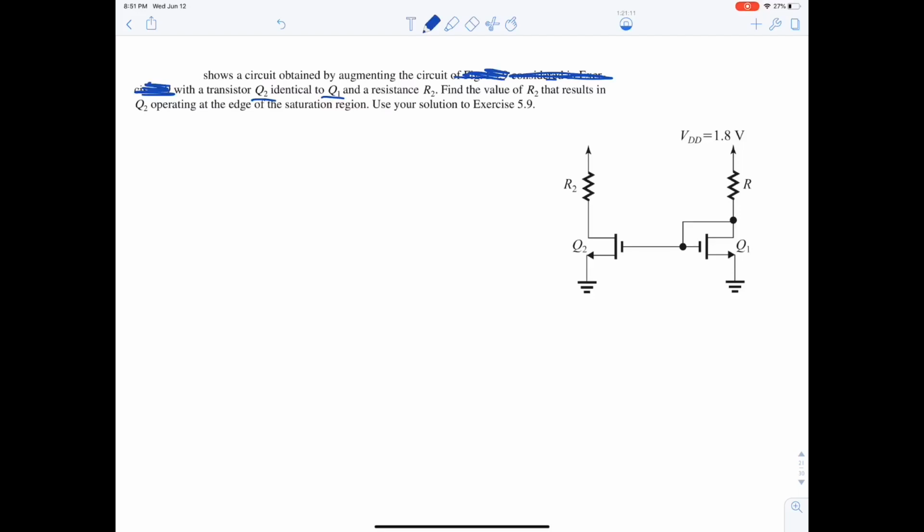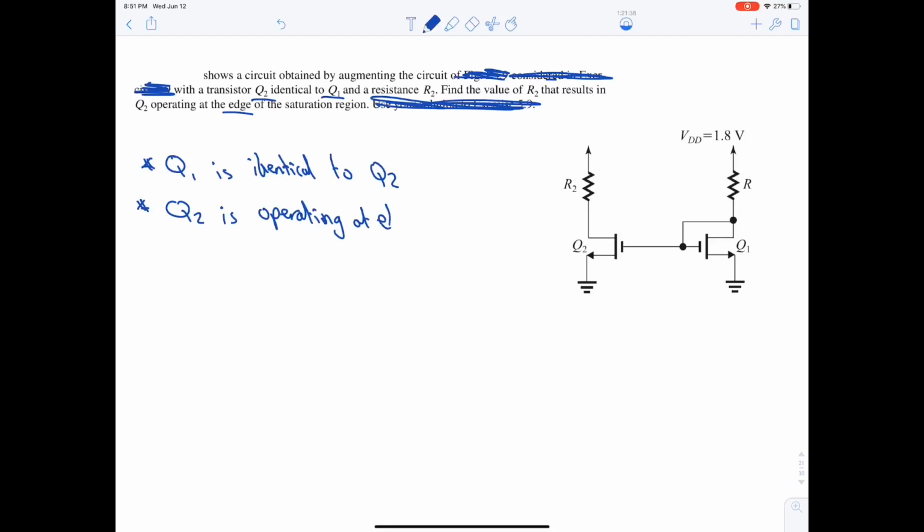Anyhow, I will tell you the information. It says Q1 is identical to Q2. It also says that Q2 is operating at edge of saturation.